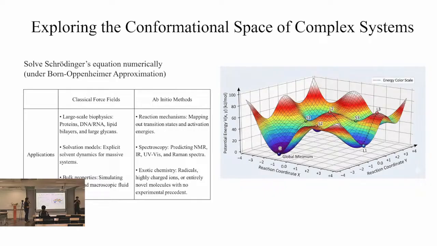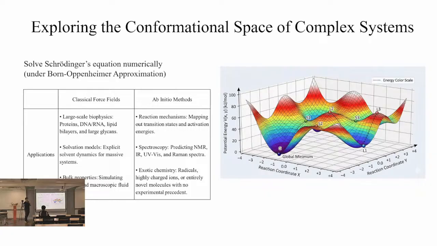For classical force fields, electron behavior is pretty much parameterized, and that means the error relative to first principles calculations is much wider, right?